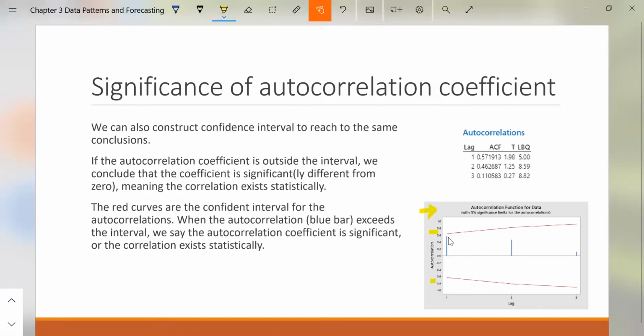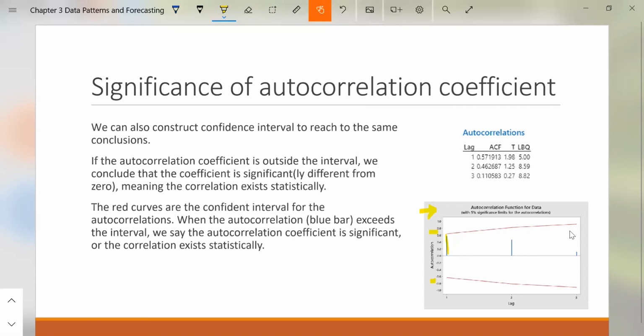And if the blue bar, the blue spike, is outside the red curve, then that means the autocorrelation coefficient is significant. We can say it's significantly different from 0, and therefore such autocorrelation exists for the population. Okay?